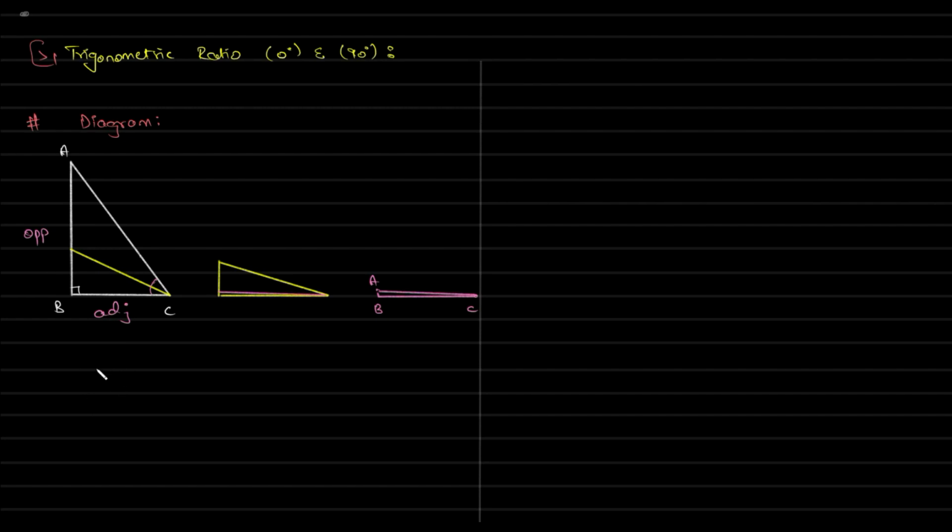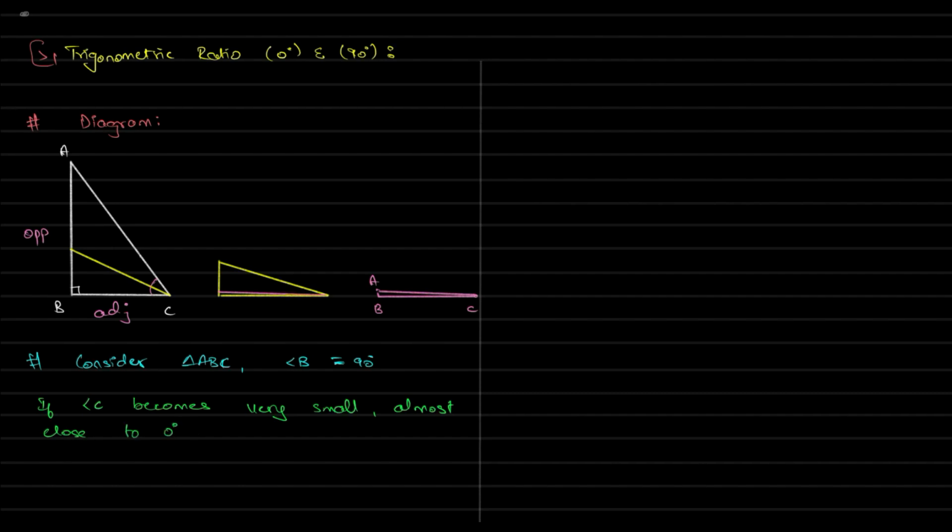Now, let's begin with defining the diagram. Consider triangle ABC with angle B being equal to 90 degree. So if angle C becomes very small, right, in terms of its value, almost close to 0.